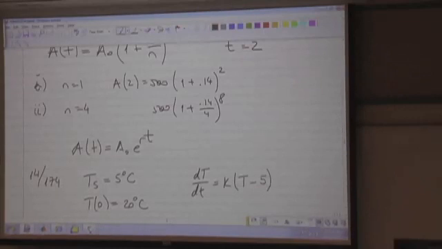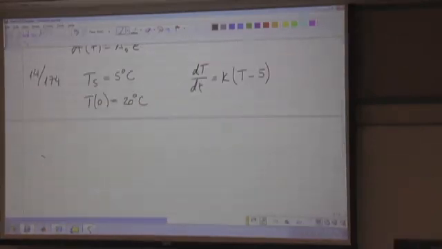This is what I was telling you when we looked at these types of problems. I said, just write the actual differential equation first, and then work with it from here on. So now, our substitution should just be y of t is equal to T of t minus 5. Does that make sense? This is what I was telling you last time, right?